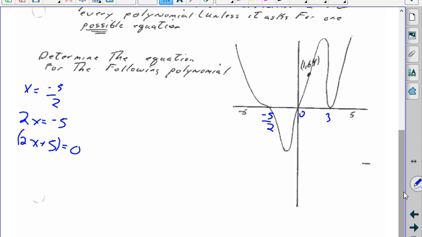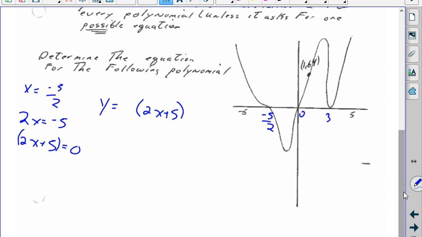So I'm just going to set my x equal to that root, and make it so now a factor is equal to 0. So we have one factor at 2x plus 5.